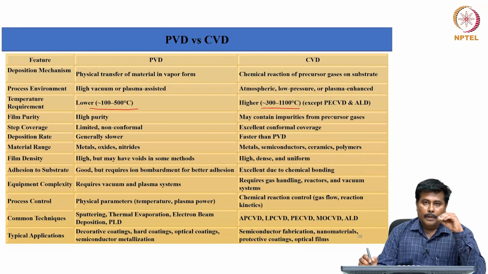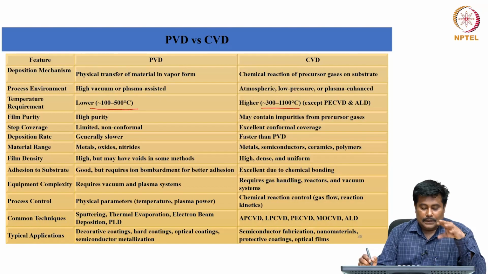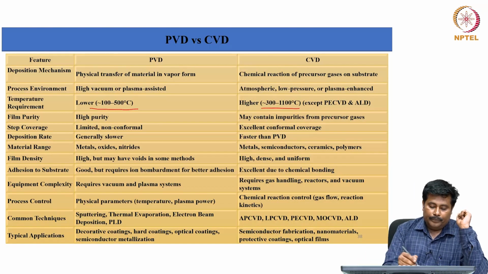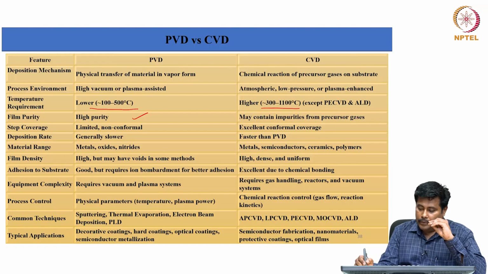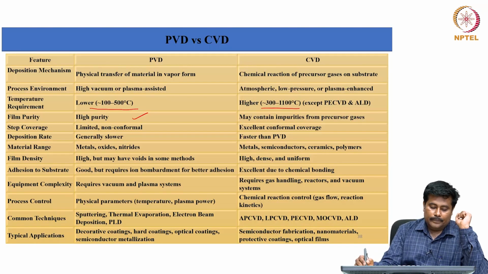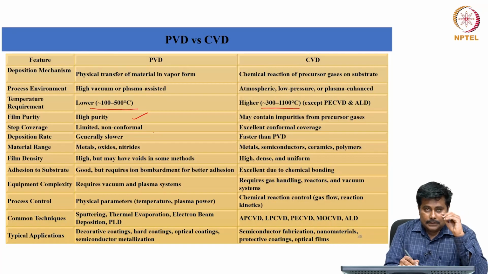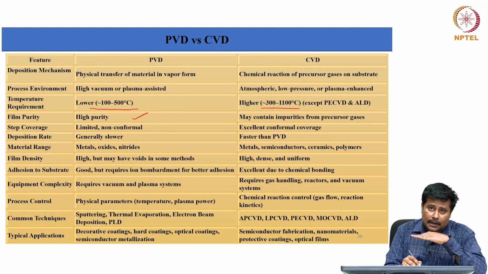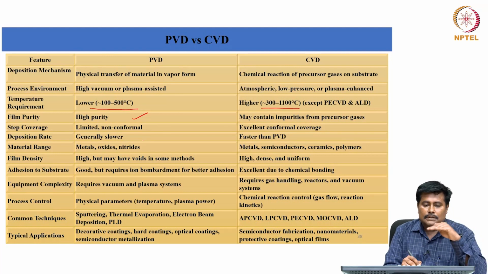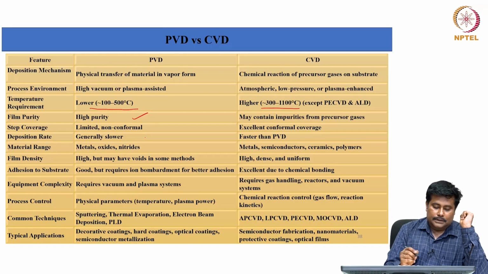When we compare the film purity, which is nothing but the active layer purity, it is highly pure in the case of the PVD process. In the CVD process, it may contain certain amounts of impurities from the precursor gases. The step coverage in PVD is limited and non-conformal, whereas a CVD process has excellent conformal coverage, which is considered one of the major advantages of this system.